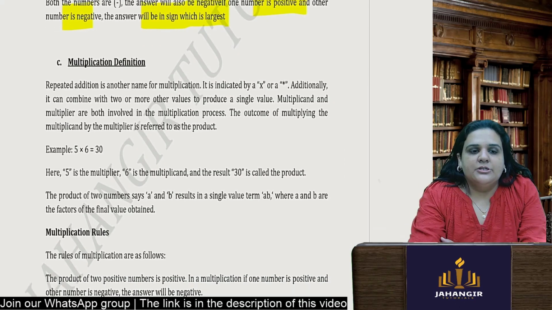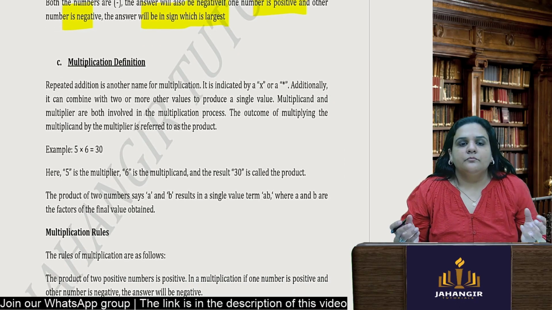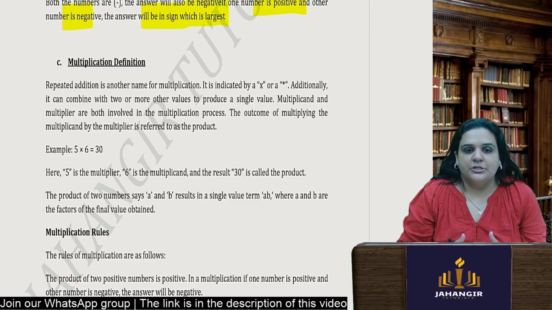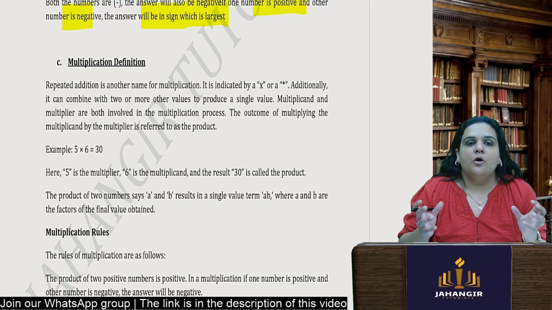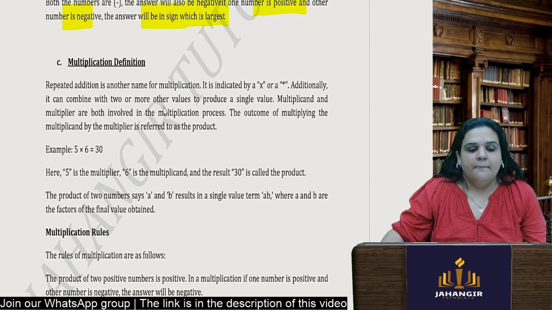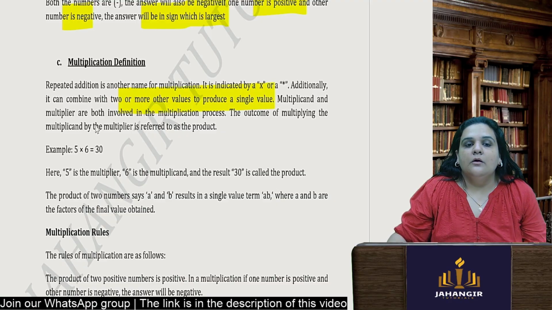Coming to multiplication, another name for multiplication is repeated addition. To combine two or more values and produce one single value is known as multiplication. So if I want to multiply 5 by 6, I will get 30.